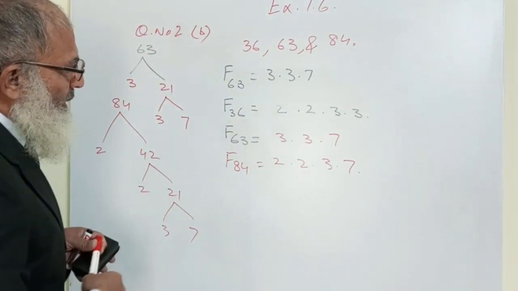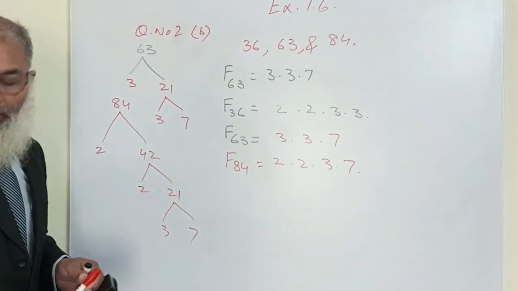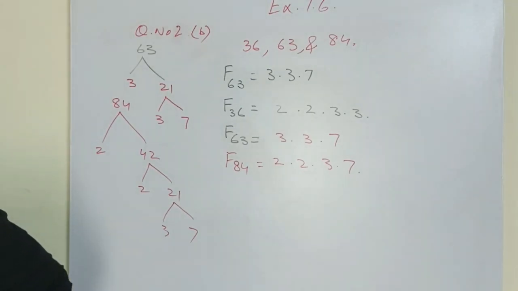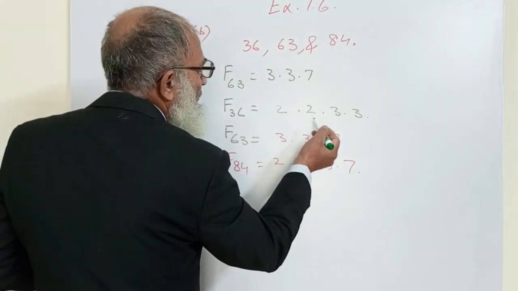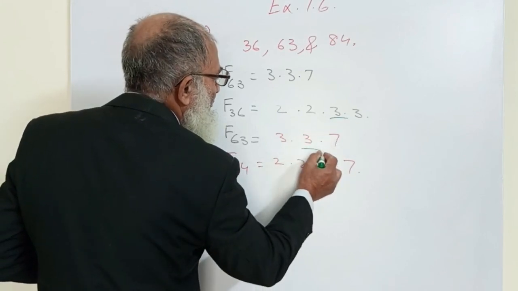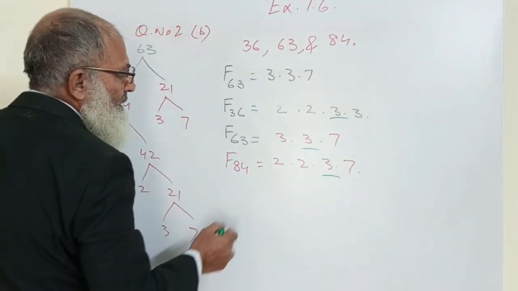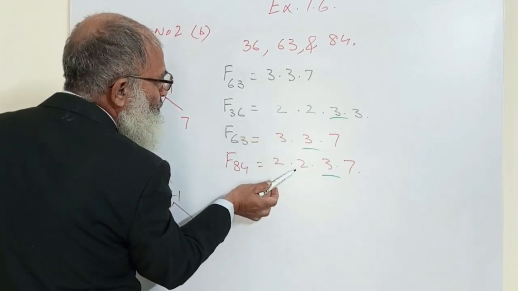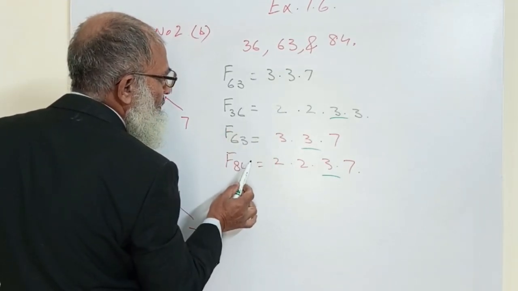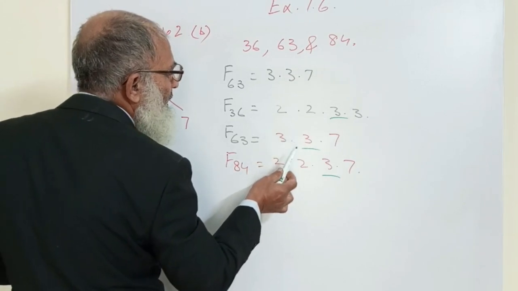But even then we come up with only one common factor, and that is 3. Now this 2 is common in two rows, but not in all the 3 rows, as I told you.